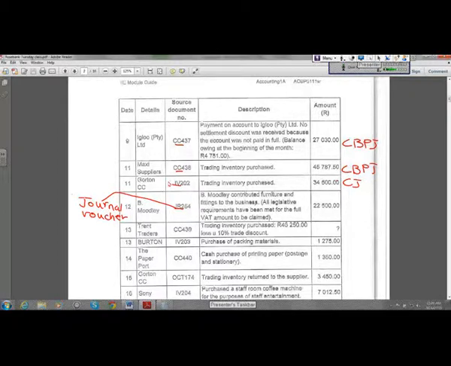But because we know the principles, let us not be guided by the source document. Let's think through the process. The owner is contributing furniture to the business. That's our transaction. Now we go to the first category. Is there cash involved? No, there is no cash involved.